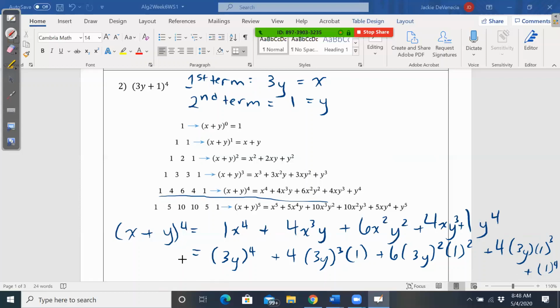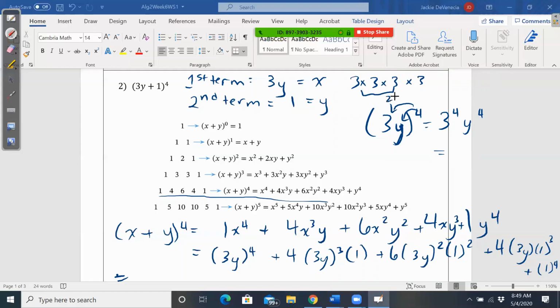Okay, now it's going to be the same idea from last week. Whenever we have an exponent, so we have something like this, you want to distribute this exponent. So what you're doing is 3 to the 4th power times y to the 4th power. So 3 to the 4th, that's 3 times 3 times 3 times 3.